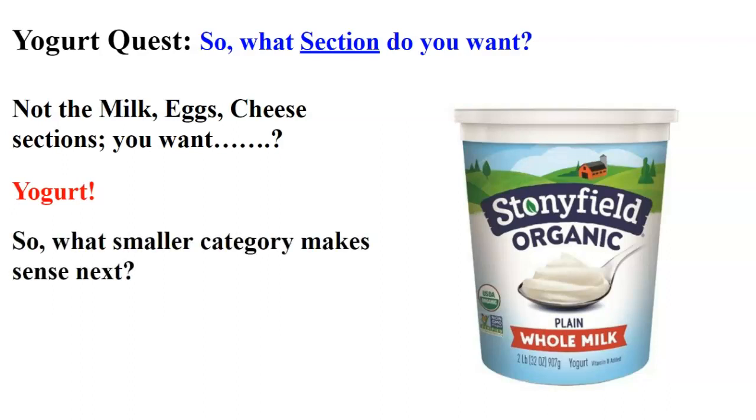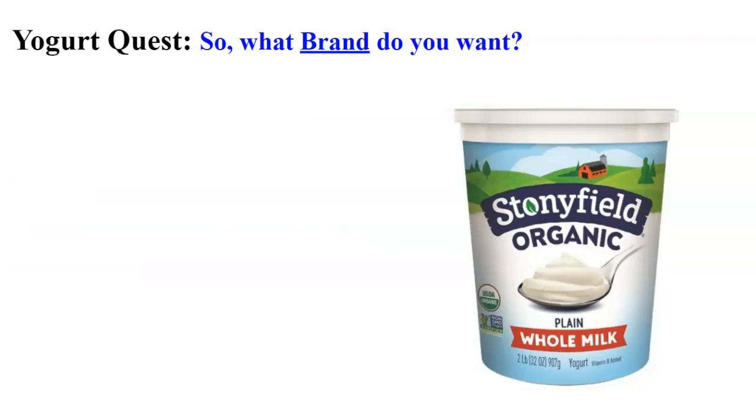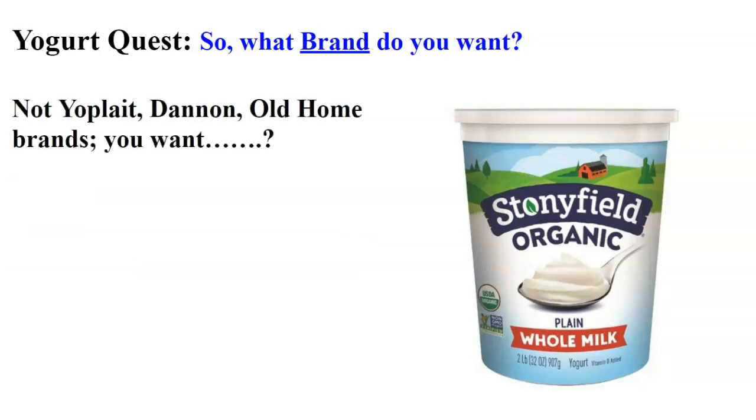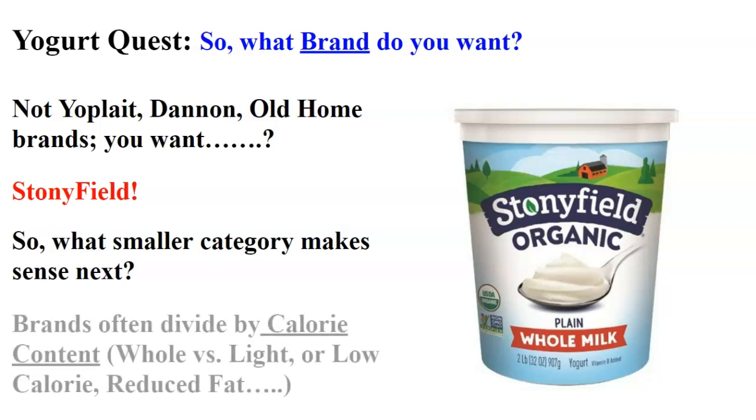So what smaller category makes sense next? Maybe you're going to then look for brands of yogurt. So what brand do you want? Not Yoplait, not Dannon, not Old Home brands. You want Stonyfield. So what smaller category within the Stonyfield group of yogurts makes sense?